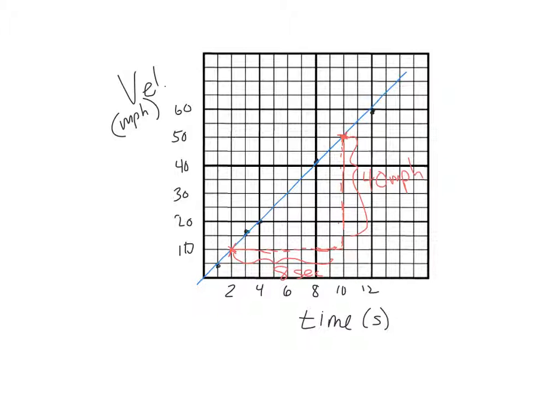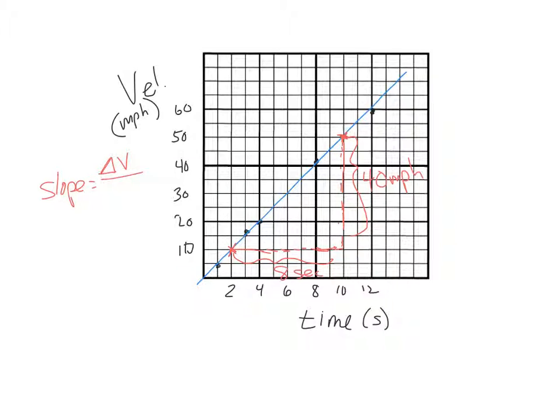Now, what do I do with that? Well, hopefully you remember. You take your rise over your run. And so my slope over here is the rise over the run. And in this case, I want you to think about this. The rise is how much the velocity changed. The velocity changed by how much? By 40 miles per hour. So that's my change in velocity, delta V. Remember that.